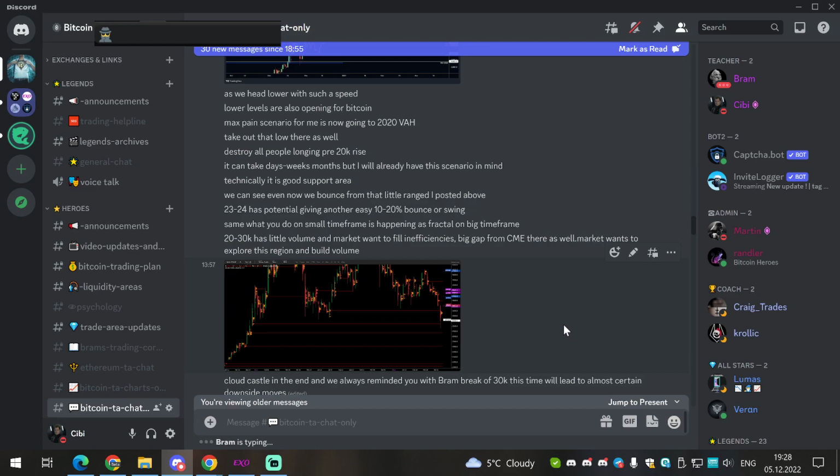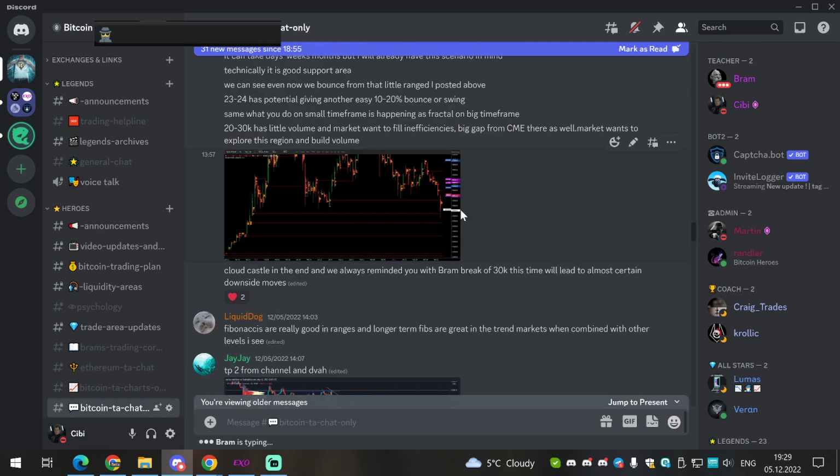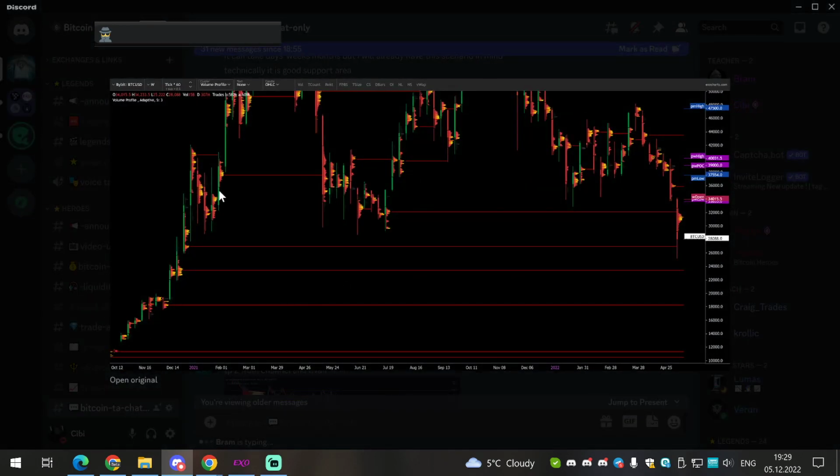So if you learn auction market theory and you understand volume, then you can really predict where is true support or not. We always reminded you with a break of 30,000 this time will lead to almost certain downside moves. Market just didn't have as much support, you know, only when you see where we found the support in this nice range here, and now we are finding it in another volume nodes a bit lower.